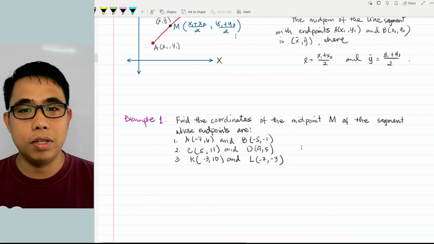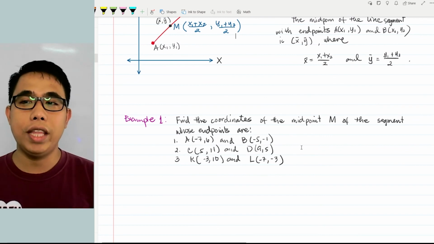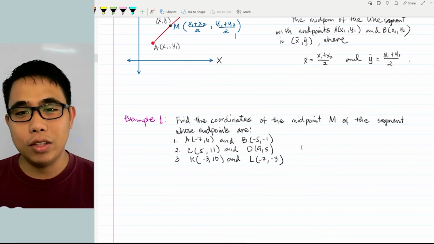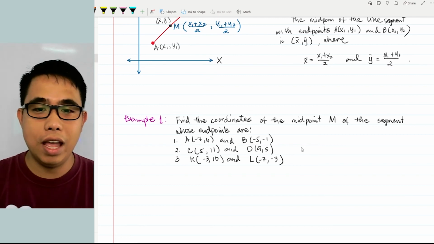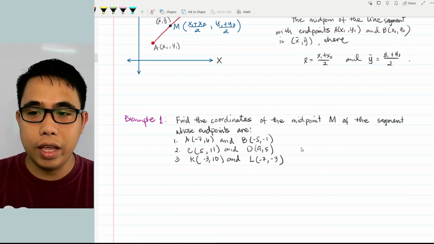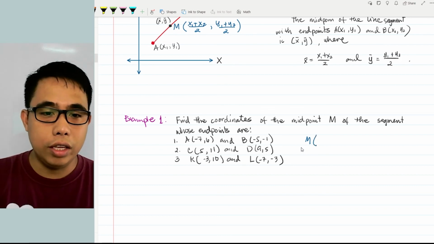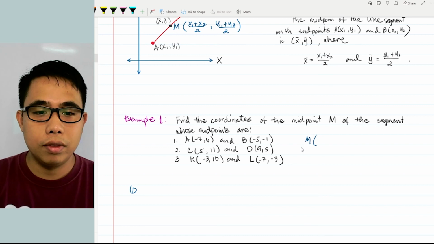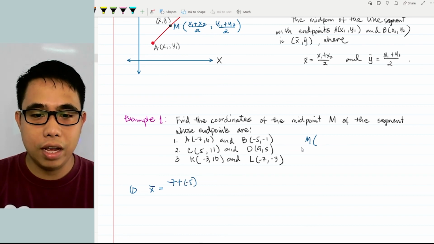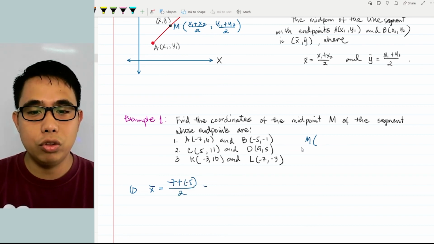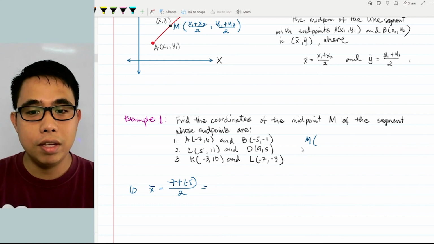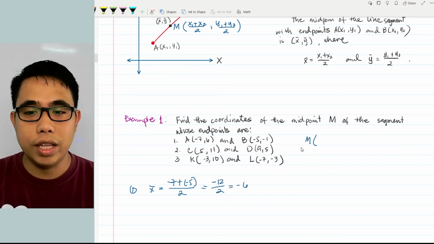Let's have an example. Find the coordinates of the midpoint M of the segment whose endpoints are, let's have point A. To get the x-coordinate of the midpoint, that is equal to -7 plus -5, divided by 2. -7 plus -5 is -12 divided by 2, which is -6.